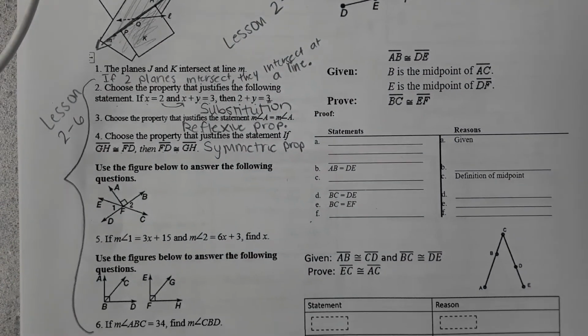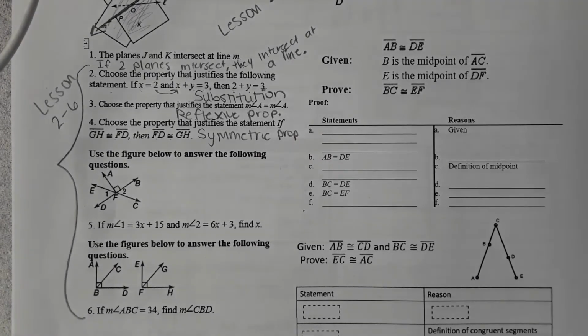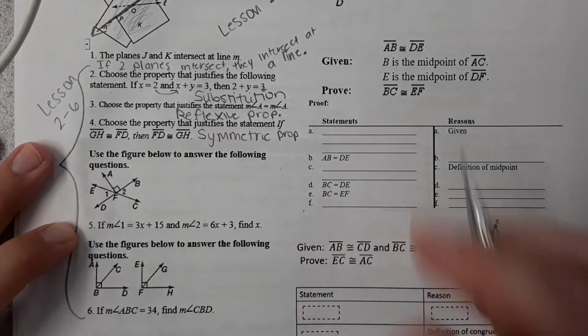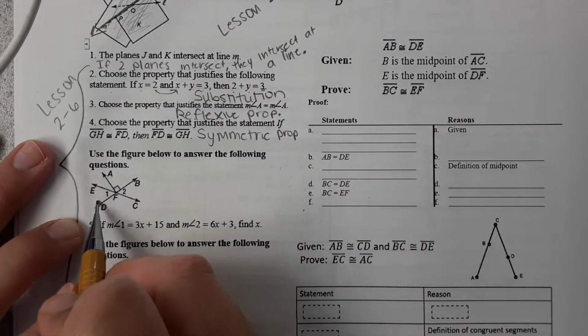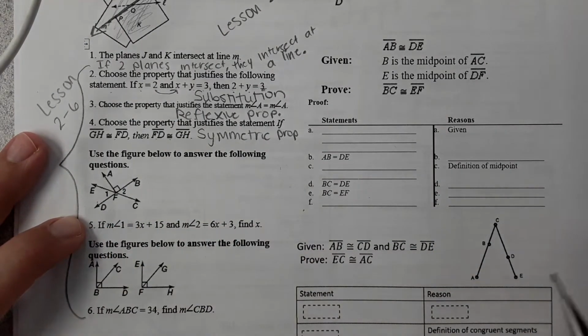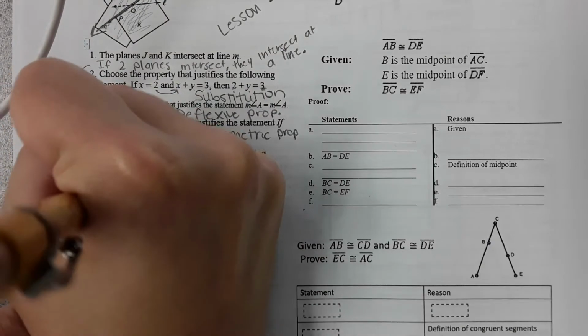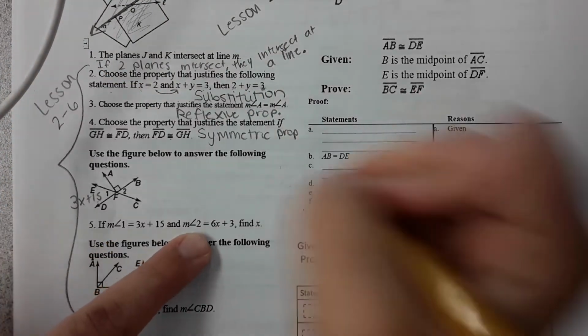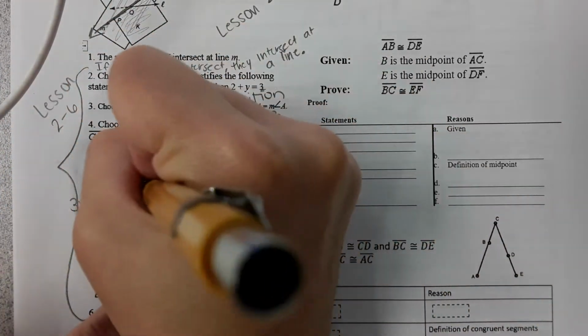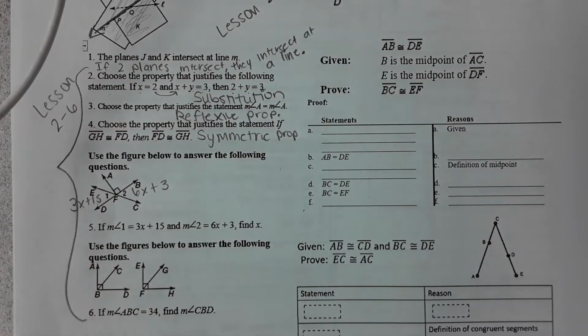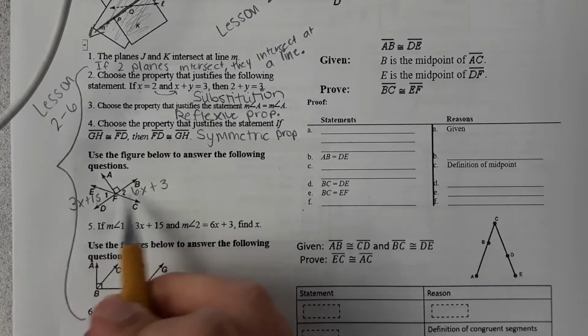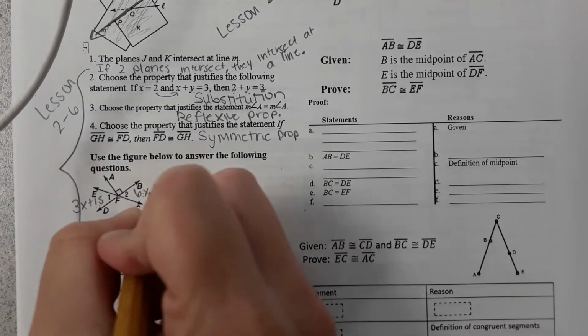Okay, now number 5. There aren't a lot where you actually have to solve for something on this test, but this is one that you may see, and I didn't trick you. There's going to be one just like this on the test, but with different numbers. So it says measure of angle 1 is 3x plus 15, and measure of angle 2 is 6x plus 3. It wants you to find the value of x. Well, in this case, you have vertical angles, so therefore they're equal.